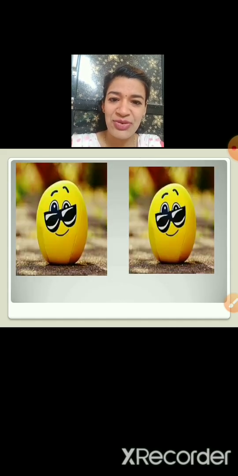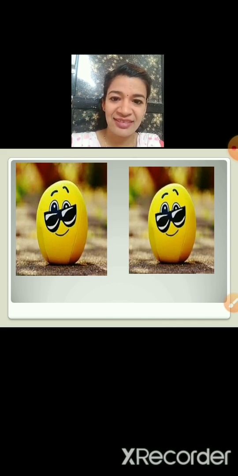Children, can you see these two images on the screen? Can you find any difference in both the images? Are they both the same or are they both different? I think they both are the same. There is no difference between them.